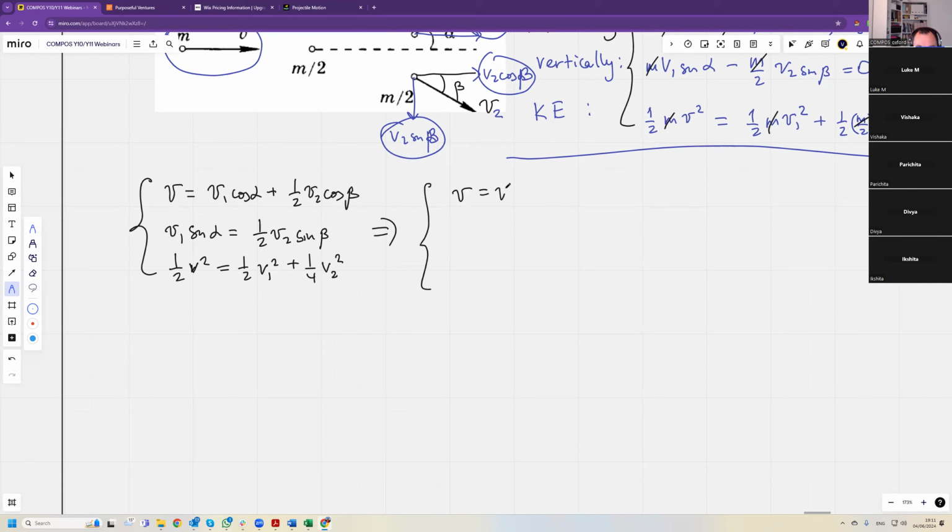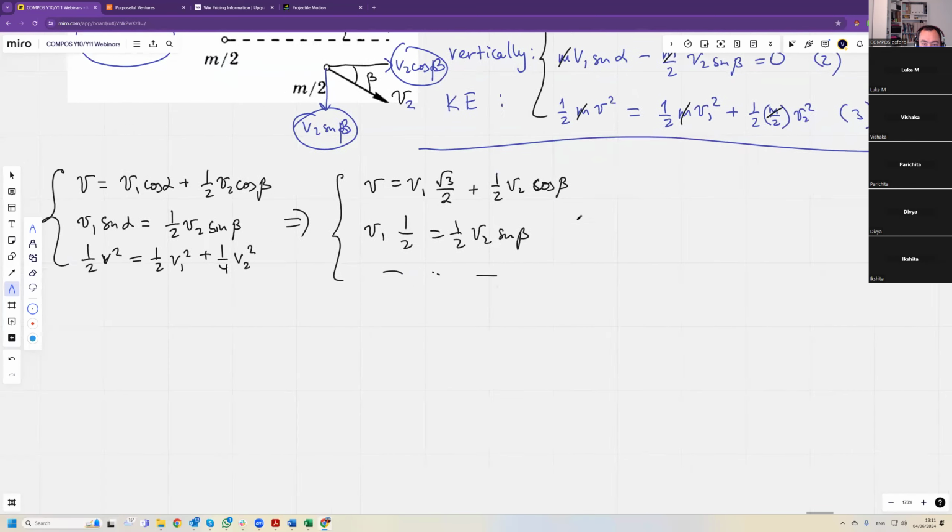So v equals v1 cos 30 degrees, which is square root of 3 over 2, plus 1/2 v2 cos beta. v1 times a half equals 1/2 v2 sine beta. And I won't do anything with that one yet.